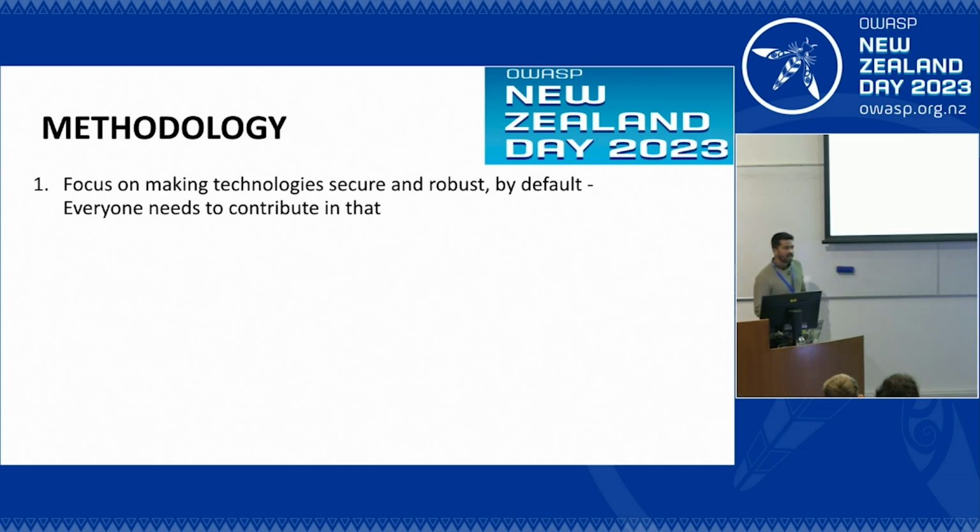The second aspect is using that software, putting in effort while using it, which is basically the software consumer part. The community is doing a good job helping everyone with this. What I mean is, let's say in our organization we have a policy that whenever we use open source software, we put in our due diligence to make sure that the third-party library is secure to be used in our organization.